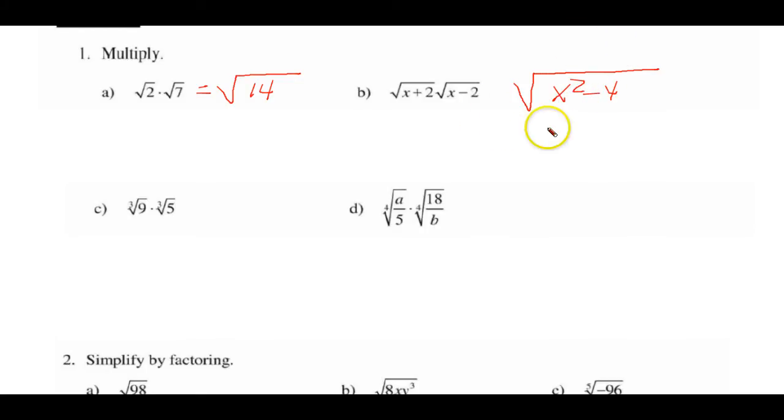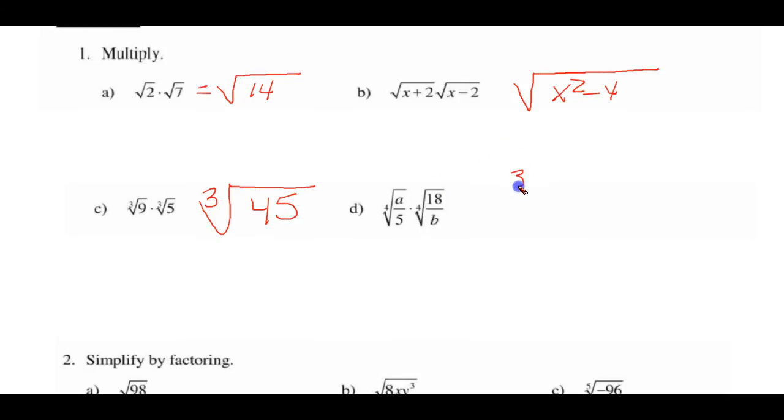Now if you took it out of the parentheses, or out of the radical sign, you would have to put parentheses. Now there again, our index number is 3, so we just put it under a common radical sign by multiplying our radicands, which is 45.